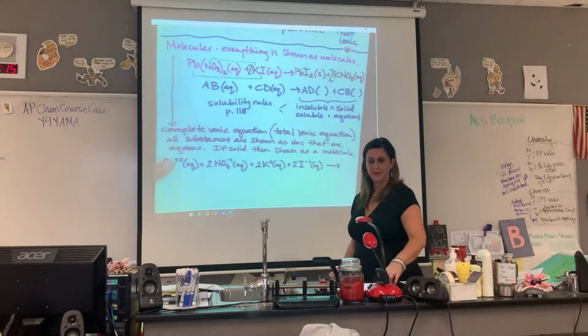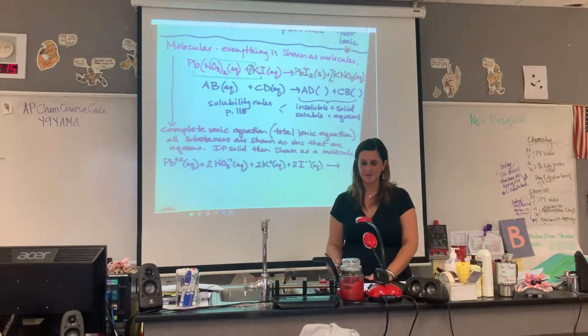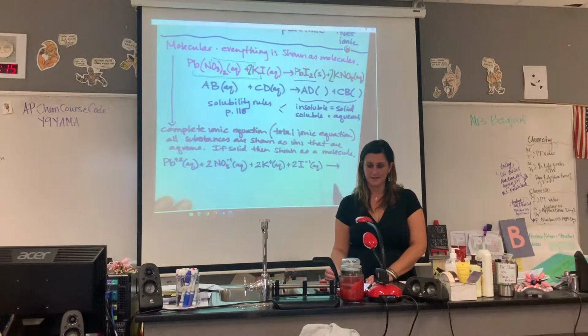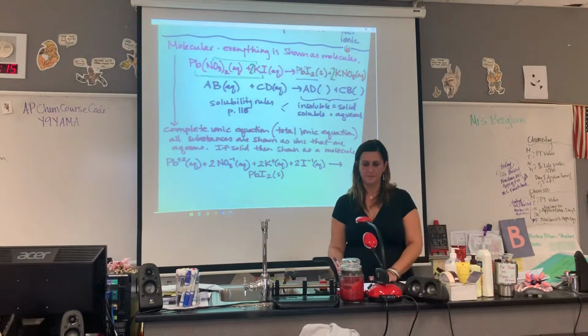All we did was break each one into their aqueous ions and show them as aqueous ions. And then our next substance is the product lead(II) iodide. And that substance is a solid, so we keep that together as a molecule and show it that way.